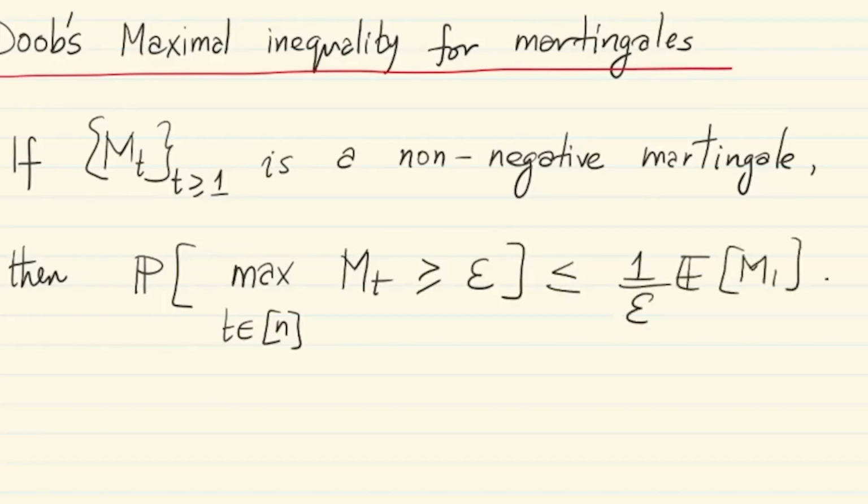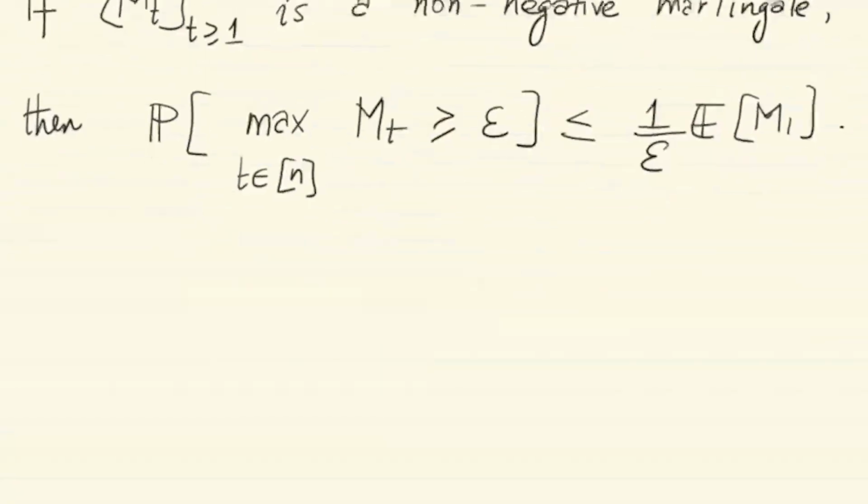This is very similar to Markov's inequality, except that it strengthens it by allowing you to replace the supremum of this martingale over an interval of time 1 through n by its first element M_1. So that's what Doob's maximal inequality allows you to do.